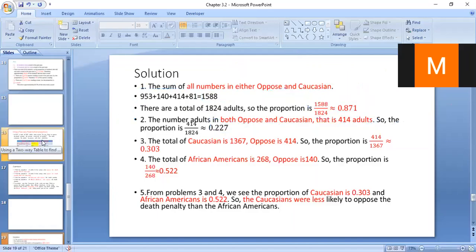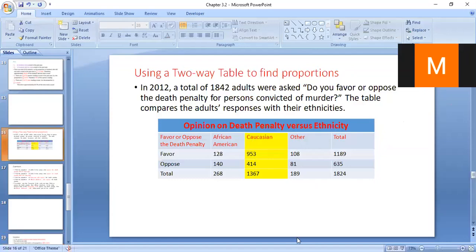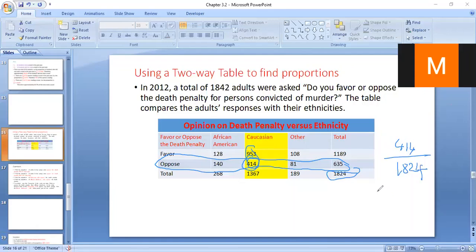You look back at the table, you see this one. You call this Caucasian and this one opposed. So the common is 440. And you divide by the total 1,824, and you find the proportion.